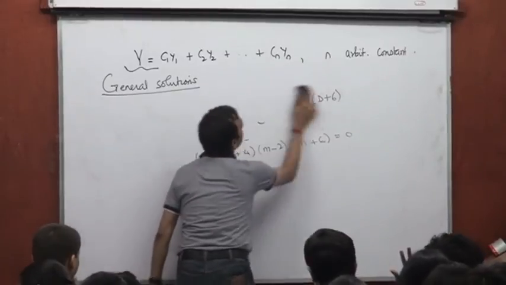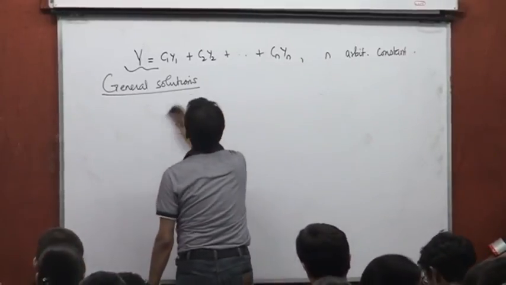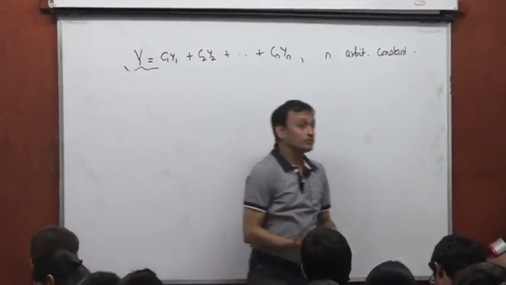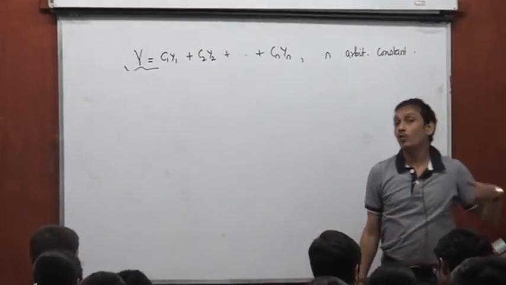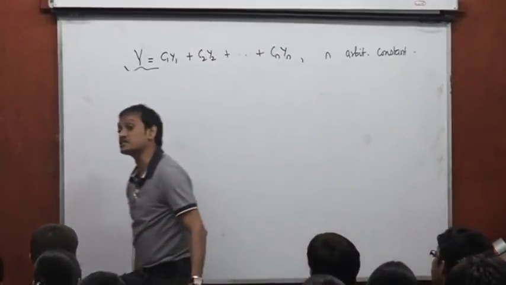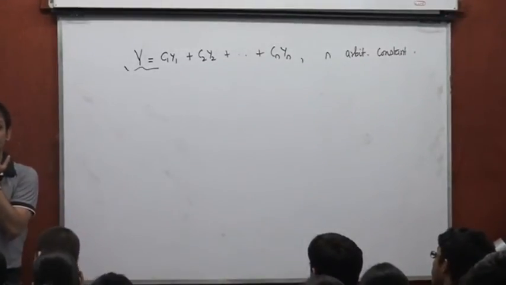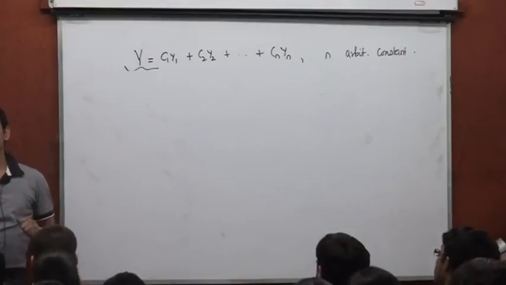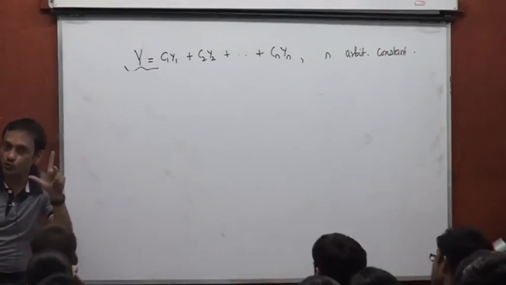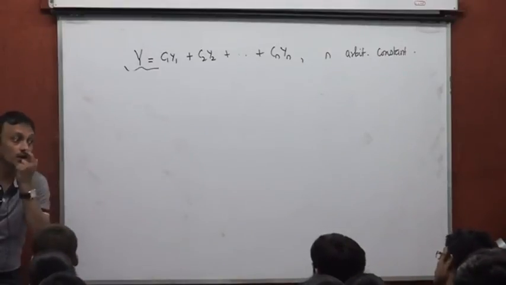Now suppose I had the following. This was the case where all roots were distinct and real. But suppose two of the roots were coincident.